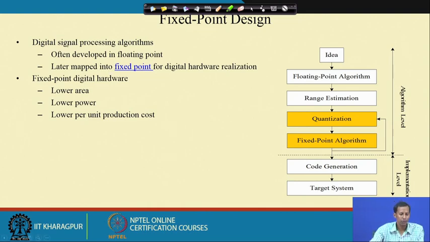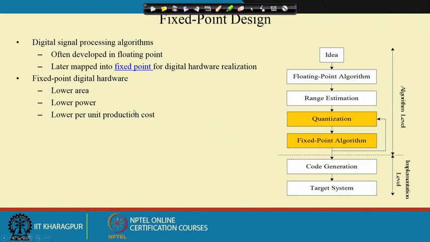Here, mostly the digital signal processing algorithms are developed in the floating point domain. Later they are mapped into fixed point for digital hardware realization. Why do I need this fixed point digital hardware?